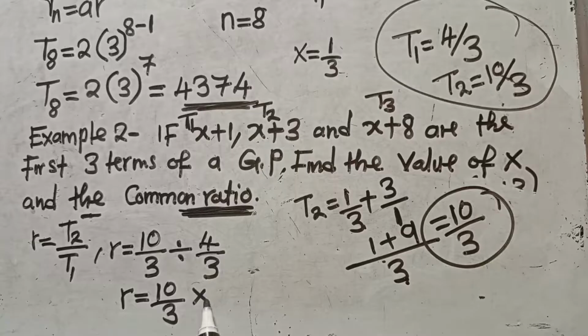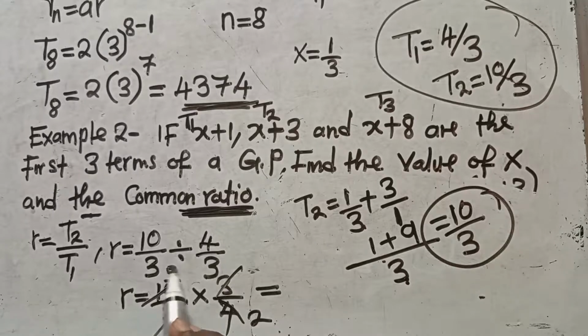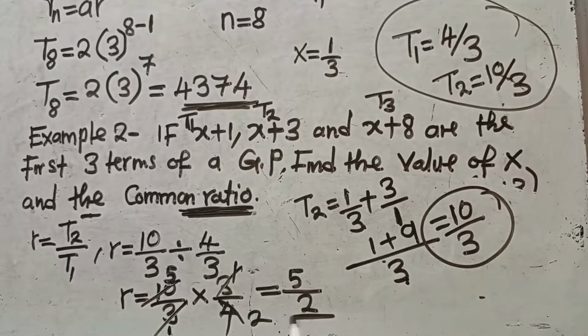This one changes to times. 3 goes on top, 4 comes down. 3 cancelled. 2 there, it is 2. 2 there, it is 5. Finally, the answer is 5 times 1, you get 5 over 1 times 2, which is 2. So we've got 5 over 2. This is the answer.